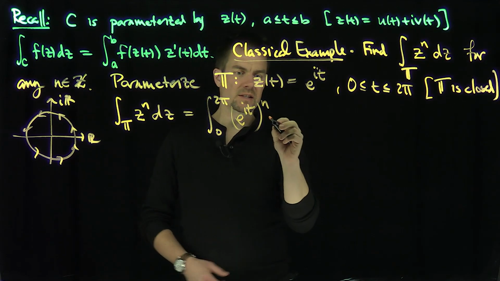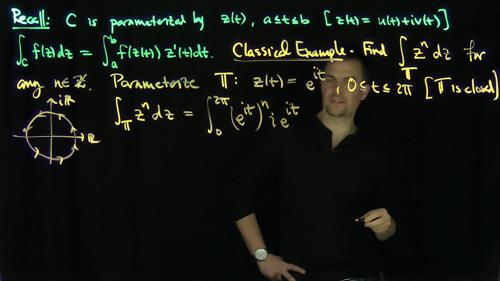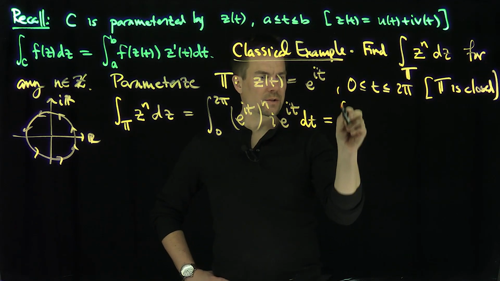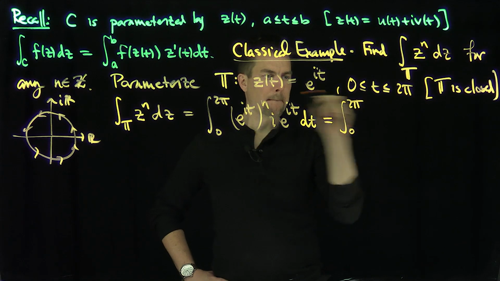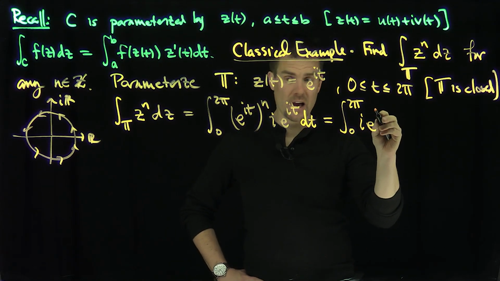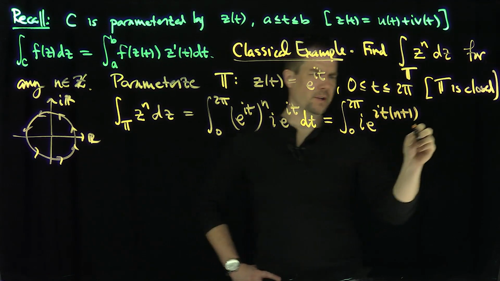And then times dz, that's going to be i e to the it, because that's what the derivative of e to the it is, dt. And so this is the integral from 0 to 2 pi of i times e to the i t times (n plus 1), dt.